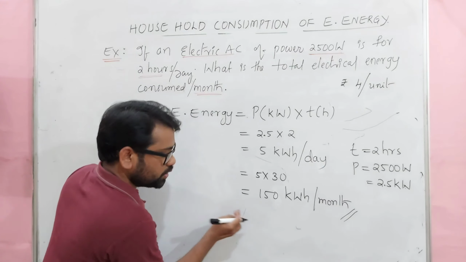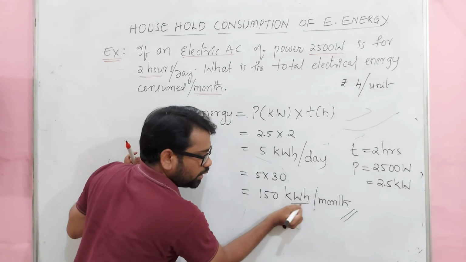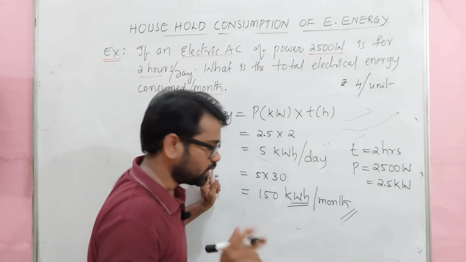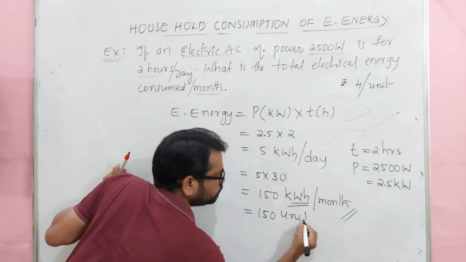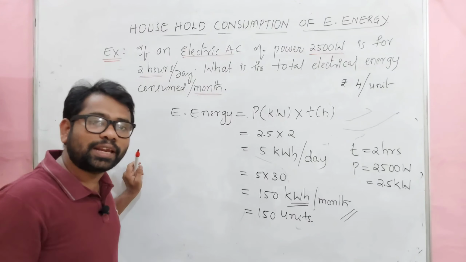So children, look here. 150 kilowatt hour is the electrical energy we got per 1 month. Children, this we can also write as 150 units. Then how to calculate the electricity bill?